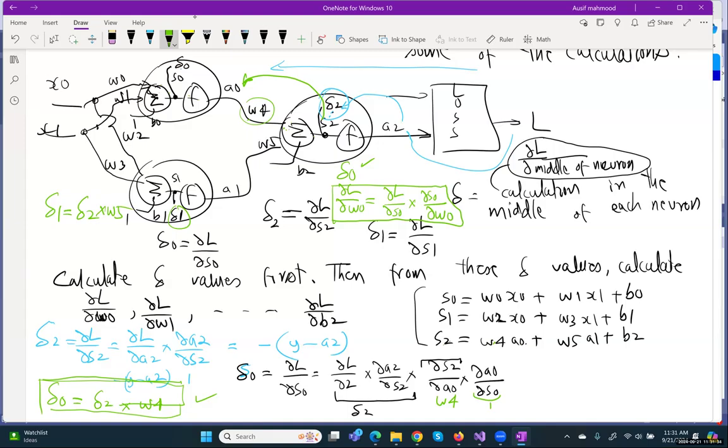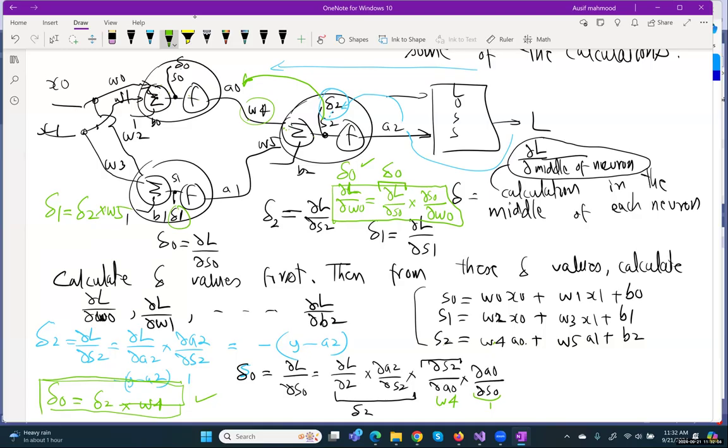S0 and S0 cancel, right? And what's the value of this? This is delta 0. So all I have to do to find partial L over partial W0, after I have calculated all the deltas, is multiply it by partial S0 over partial W0.